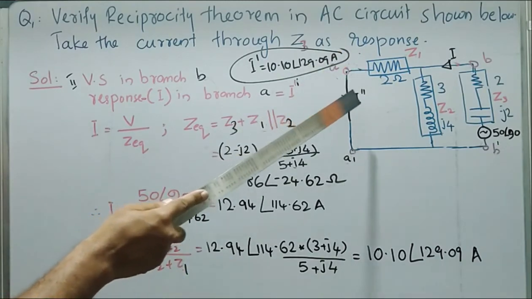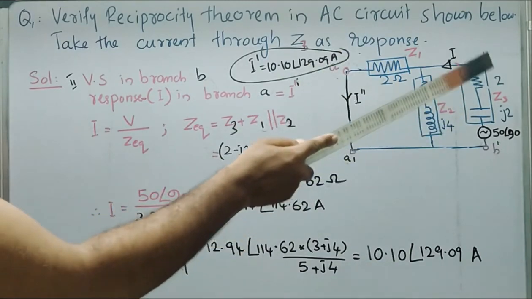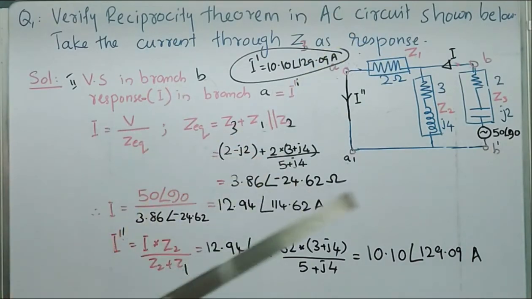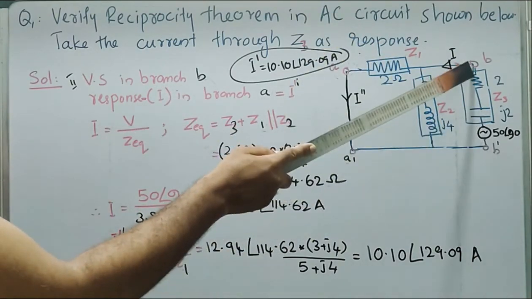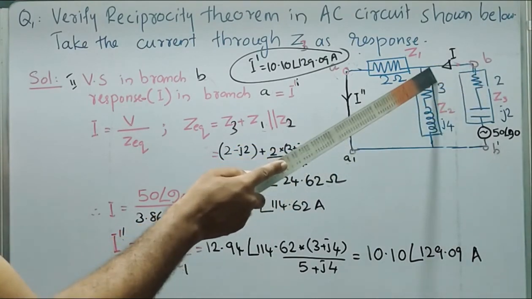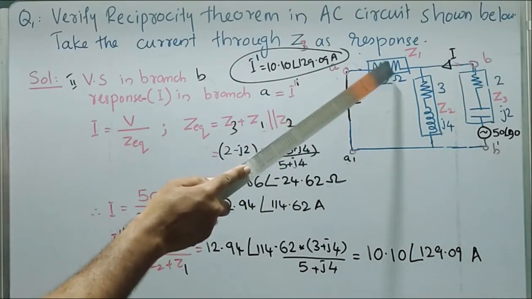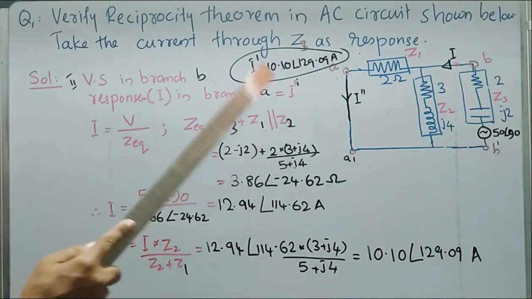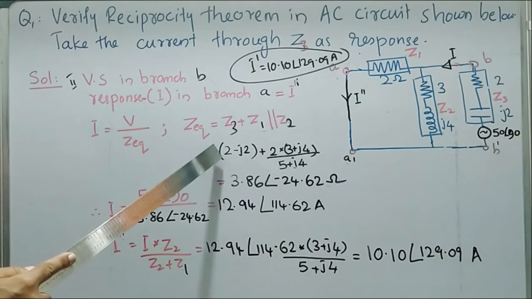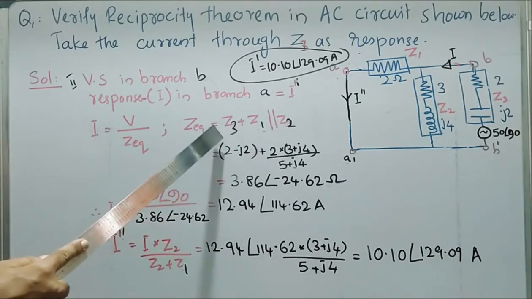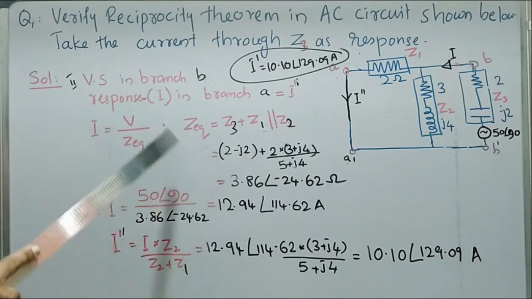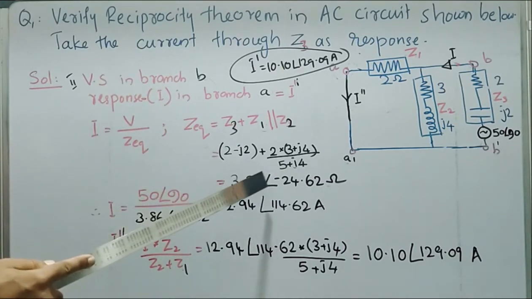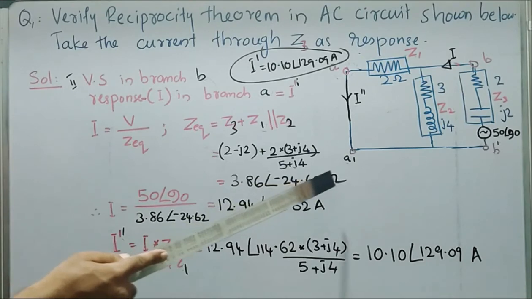In order to find out I double dash, again we need to find out Z equivalent. In this case, Z equivalent is equal to this impedance, that is Z3, in series with the parallel combination Z1 and Z2. That is Z3 plus Z1 and Z2 in parallel. Substituting the value of Z1, Z2 and Z3 in this equation, we can obtain Z equivalent as 3.86 angle minus 24.62 ohm.